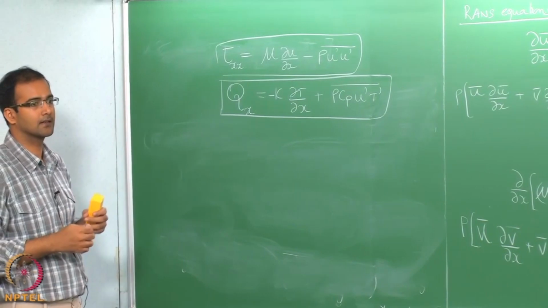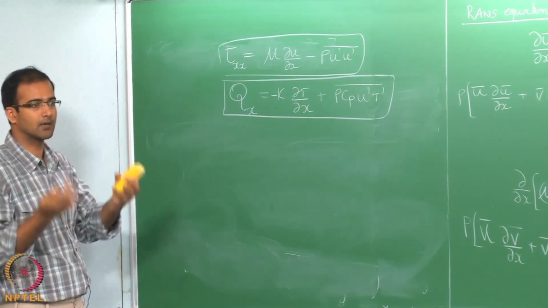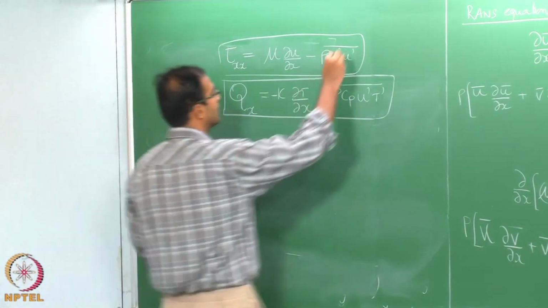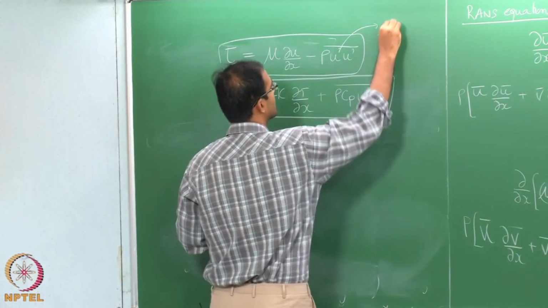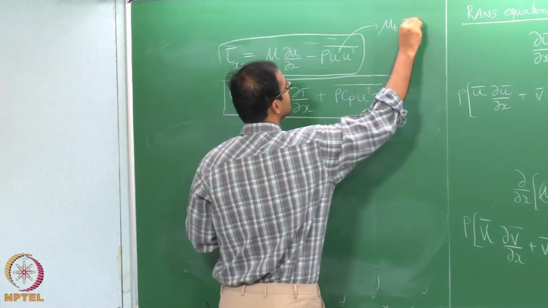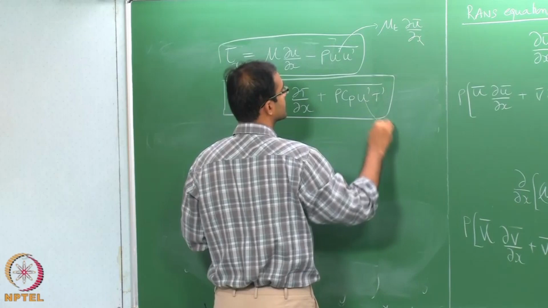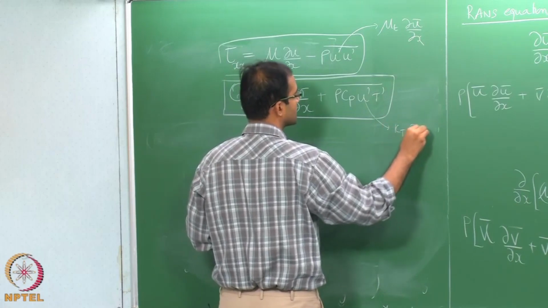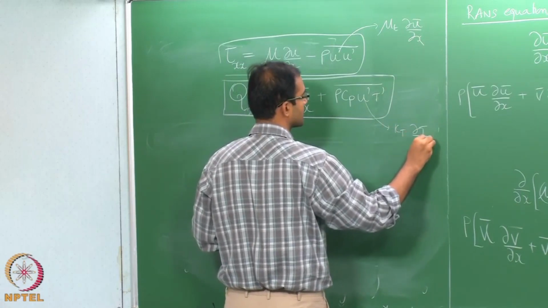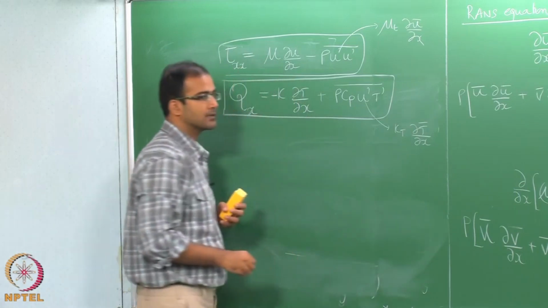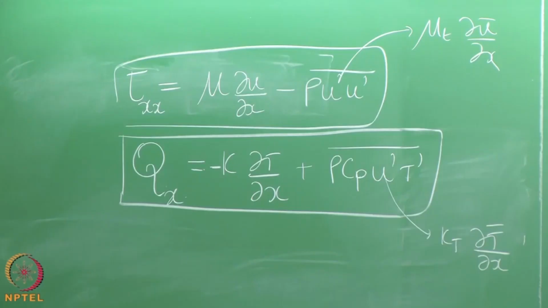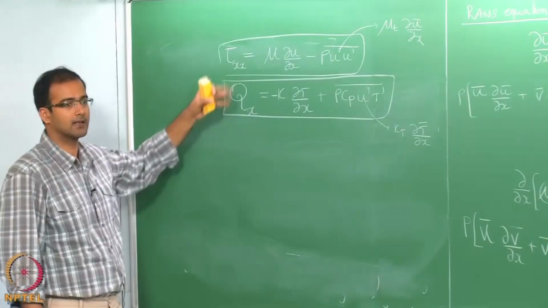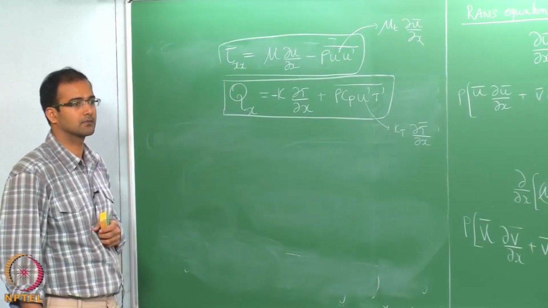Now, if you look at highly turbulent flows, and when we replace this with the Boussinesq hypothesis, many a time the turbulent diffusion will be at least an order of magnitude higher than the laminar diffusion.